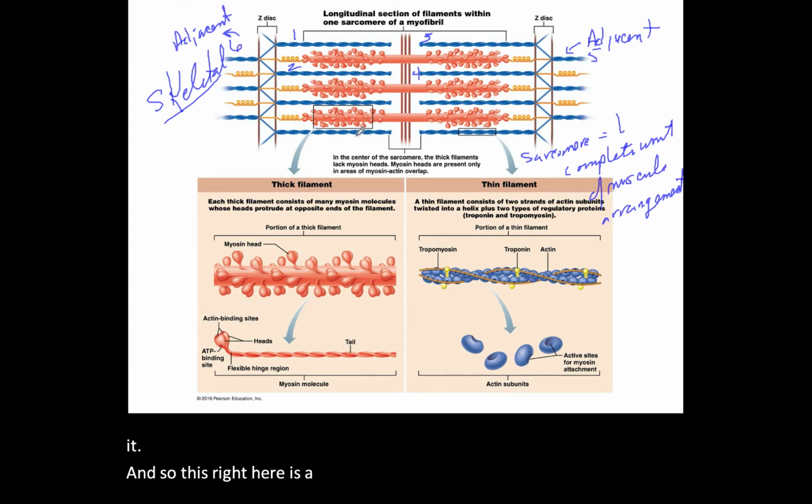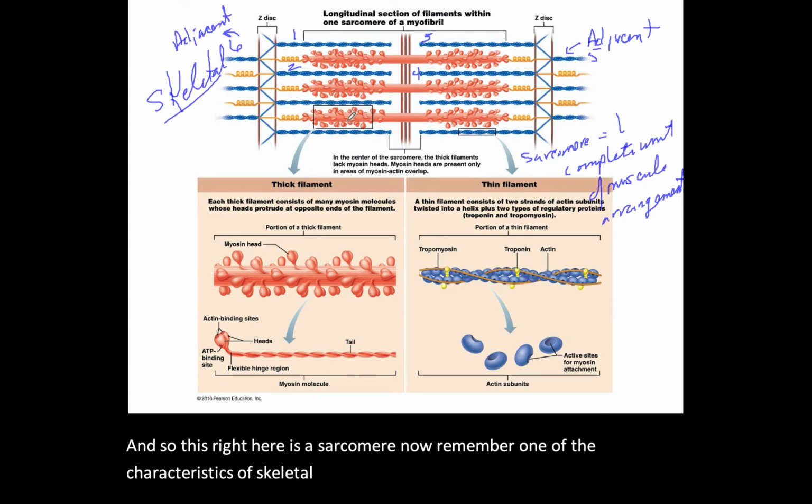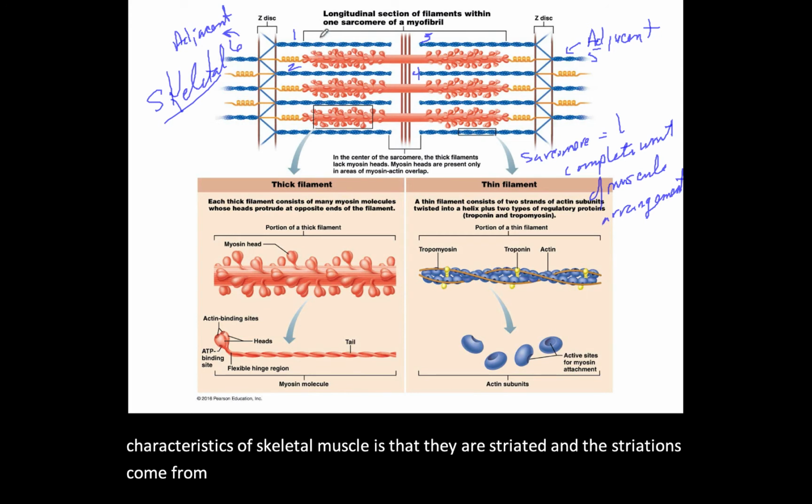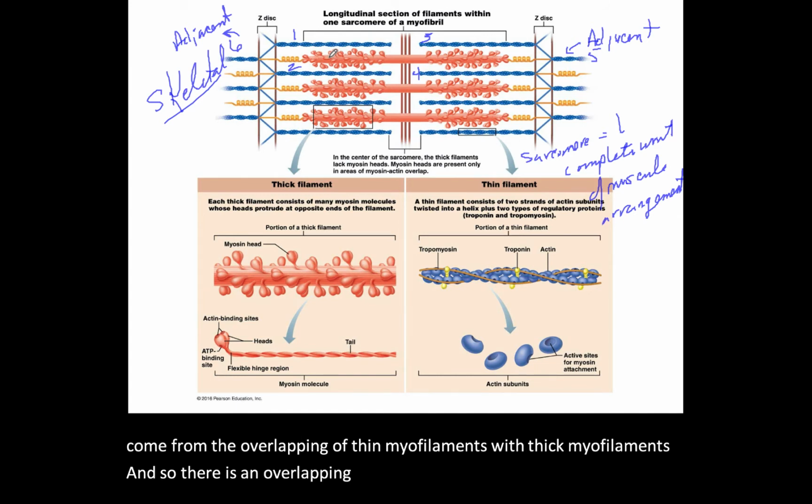Now, remember, one of the characteristics of skeletal muscle is that they are striated. And the striations come from the overlapping of thin myofilaments with thick myofilaments. And so there is an overlapping that happens between the two.